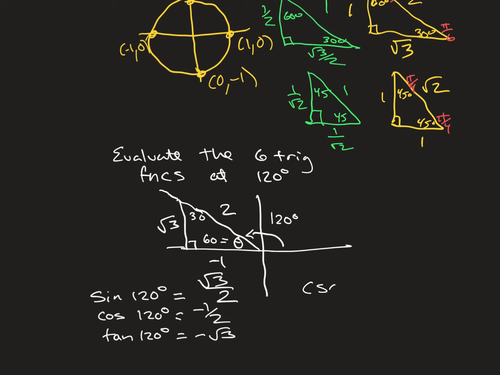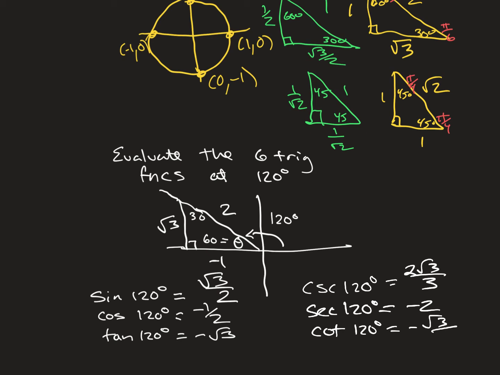So cosecant of 120 is the reciprocal of sine. So 2 over root 3, I'm going to say 2 root 3 over 3. Secant of 120 is negative 2. And cotangent of 120 is negative 1 over root 3 or negative root 3 over 3 if I rationalize it.